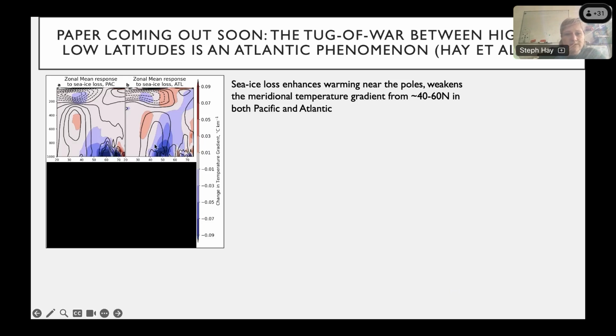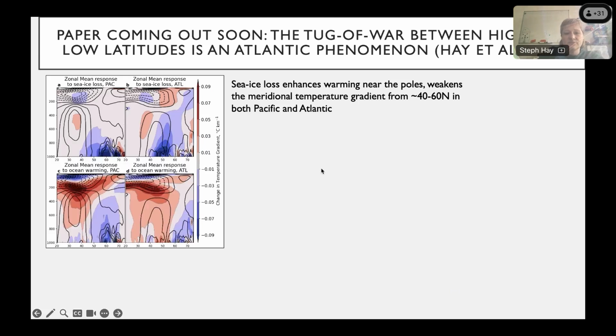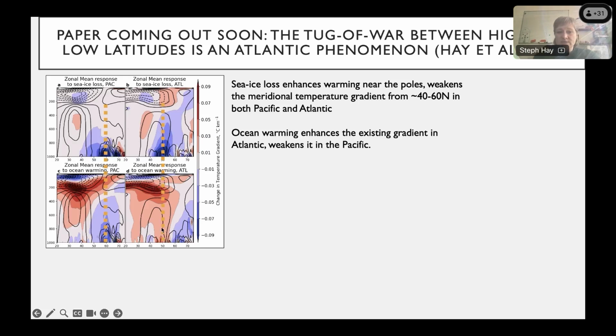weakening the temperature gradient in the mid-latitudes, but if you separate it into the Pacific and the Atlantic, you can see that it looks about the same in both. What's different is what happens in response to ocean warming. If I draw these lines here, you can see that in the Atlantic on the right-hand side, they're opposing each other, but in the Pacific, they're enhancing each other. So this is a situation that's really unique to the Atlantic region and not so much the Pacific.